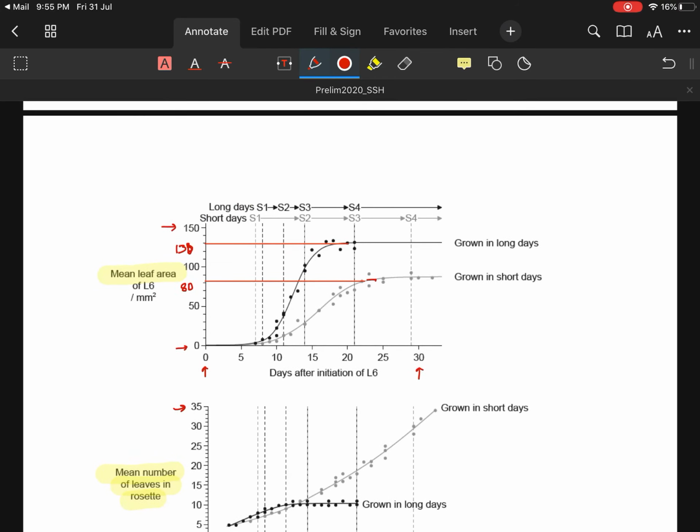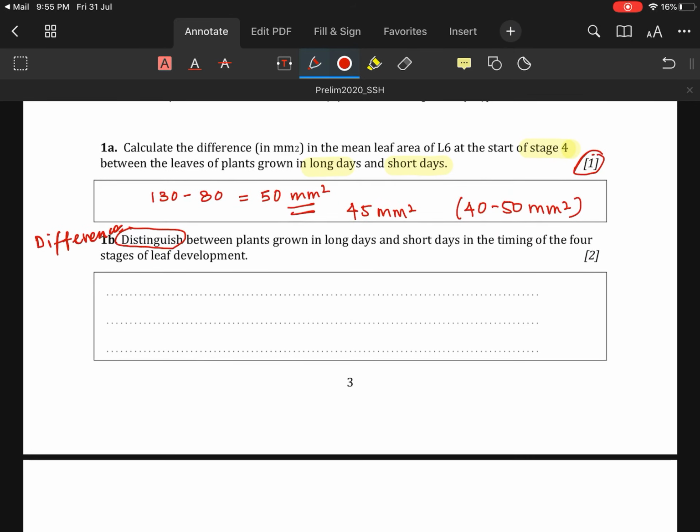So if I look at these stages, I will focus on this part. So I will say S1, S2 are longer in short day plants, while shorter in long day plants.